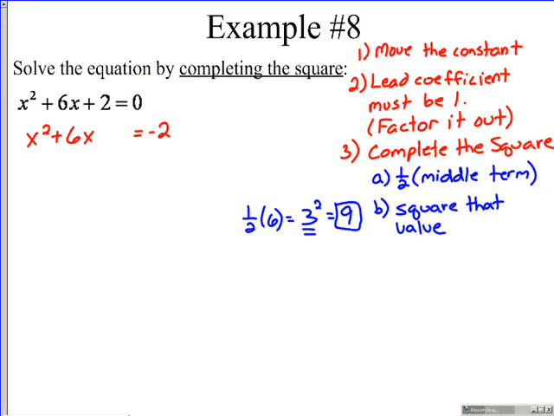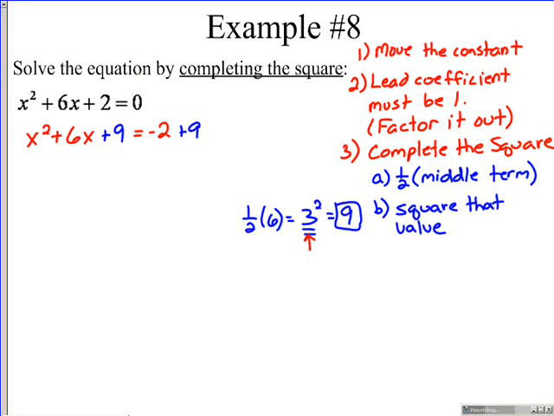Completing the square, we have made now our perfect square. That is what we are going to add to both sides of the equation. Once we do that, completing the square makes a perfect square trinomial, which we have now created on the left-hand side of the equation, that always is going to factor to whatever half that middle term was.